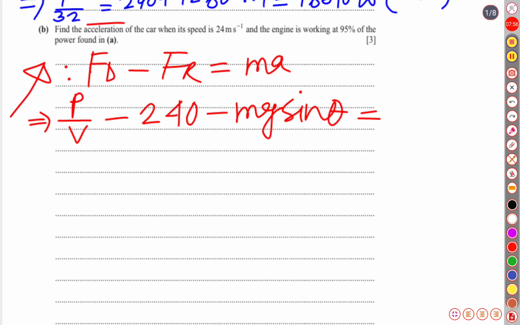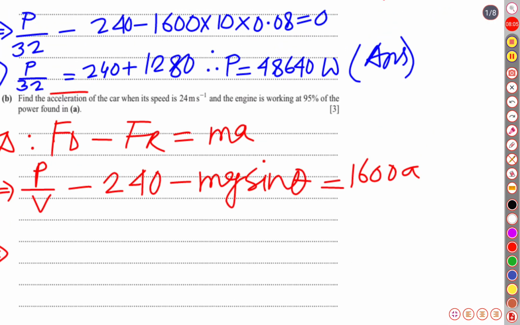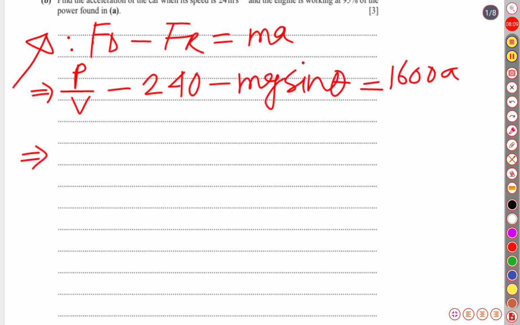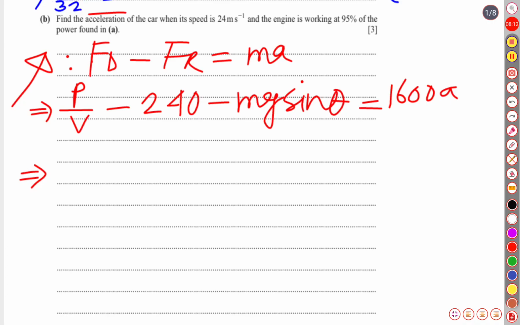The mass of the car is 1600 kg. Power has already been obtained, 46208, and the velocity is 24 meter per second.